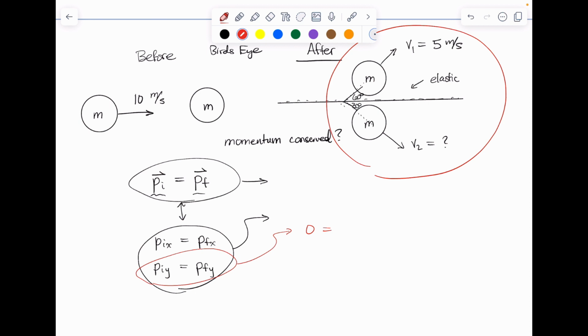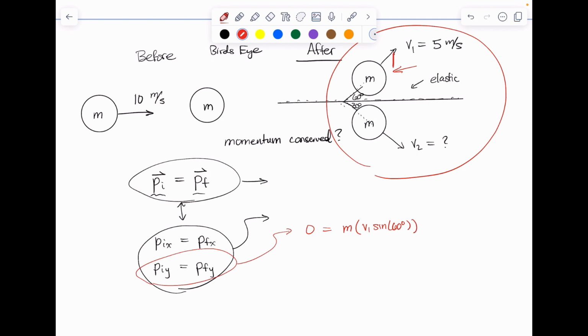So let's look at the first ball, right? What is the y component of its momentum after the collision? It's going to be the mass times the velocity, but it's the y component of this velocity. So this is going to be v1 times sine of 60. All right, so you gotta know your trick, right?